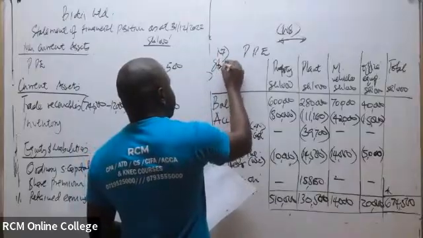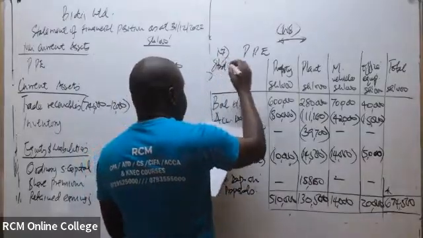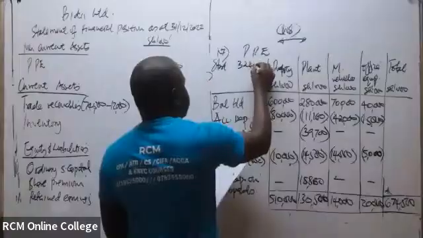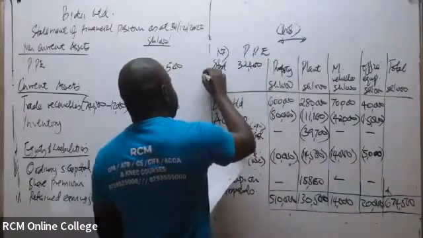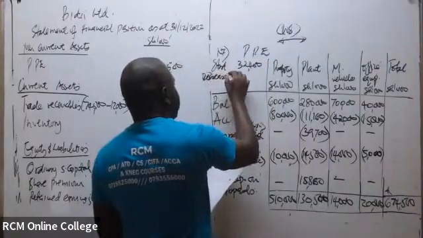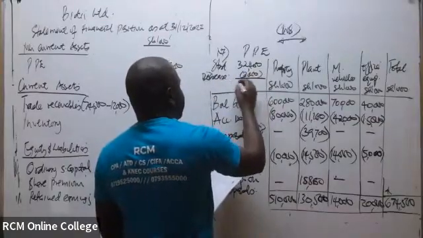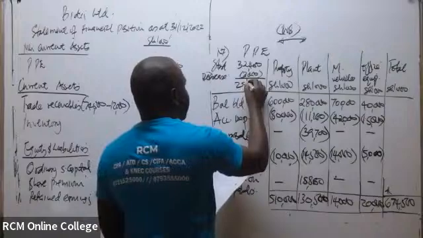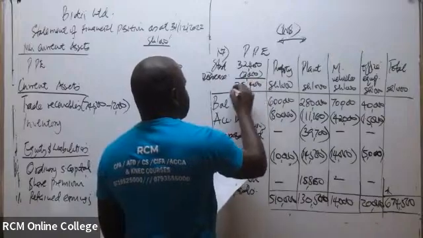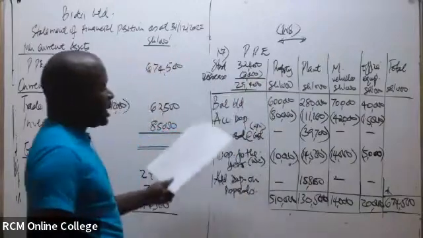In this case, it was 32,400,000, and then there was a decrease during the year of 3 million. So by the end of the year, the deferred tax was actually 29,400,000. So that's how you get it.